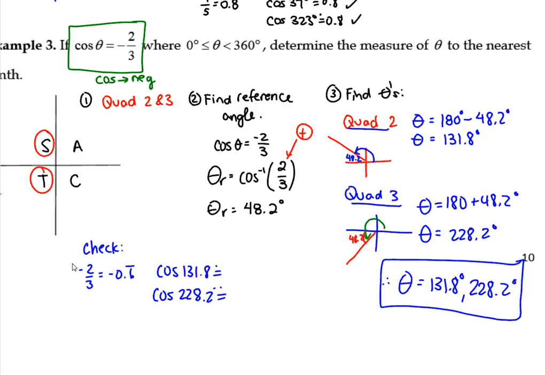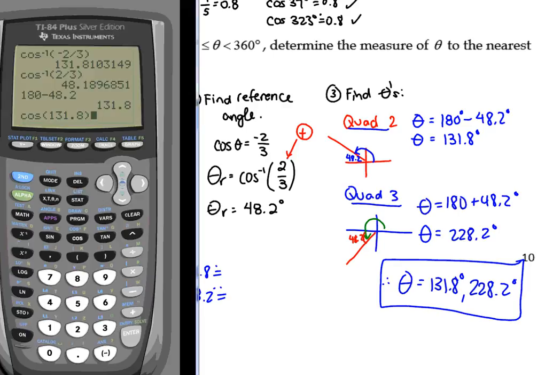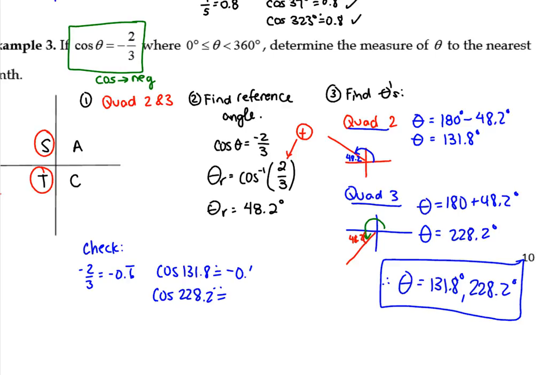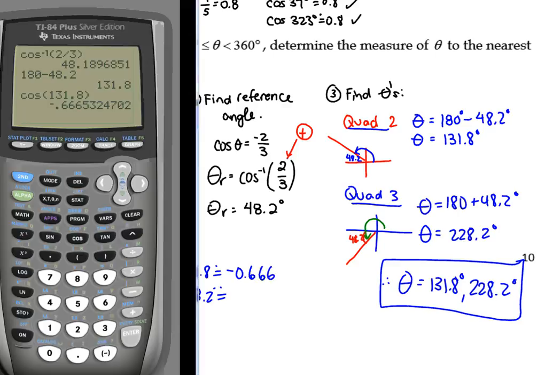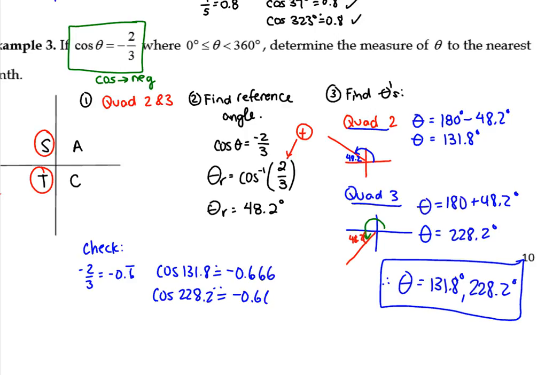They should both be approximately negative 0.6 repeating. Pretty close. And is it negative? Yeah, it's approximately negative 0.666. Good number. Cos of 228.2. So we expect it to be negative, and we expect it to be approximately 0.666. And is it? Pretty close. Okay. So we're looking for not just is it close to that ratio, but the same sign, if you want to check your answer.